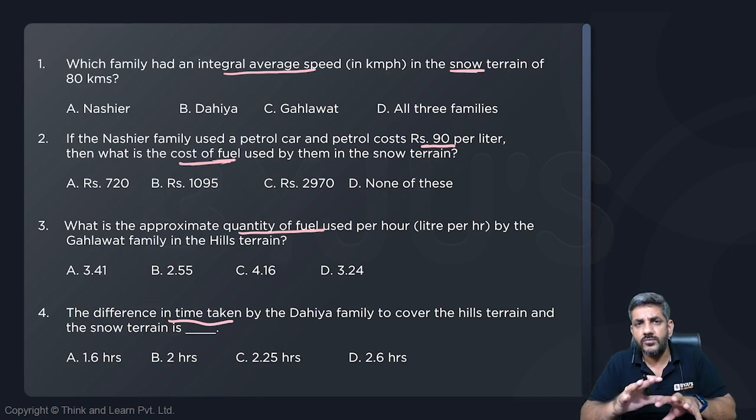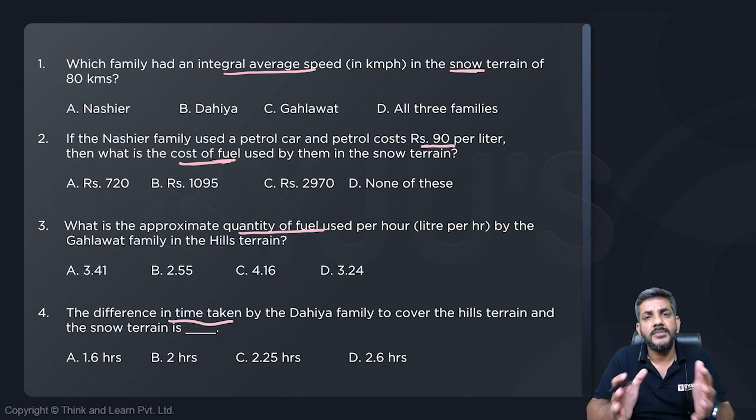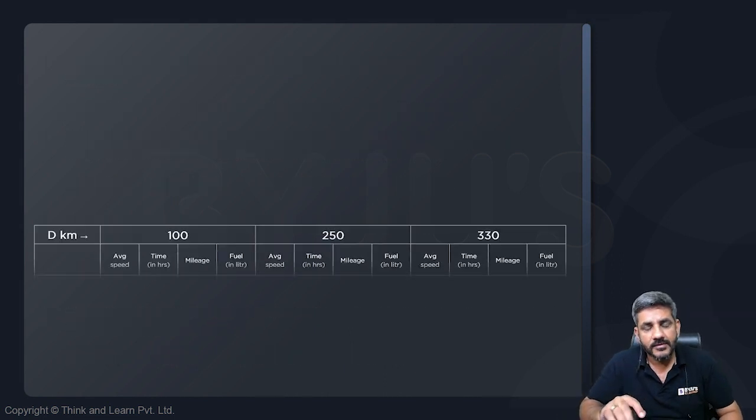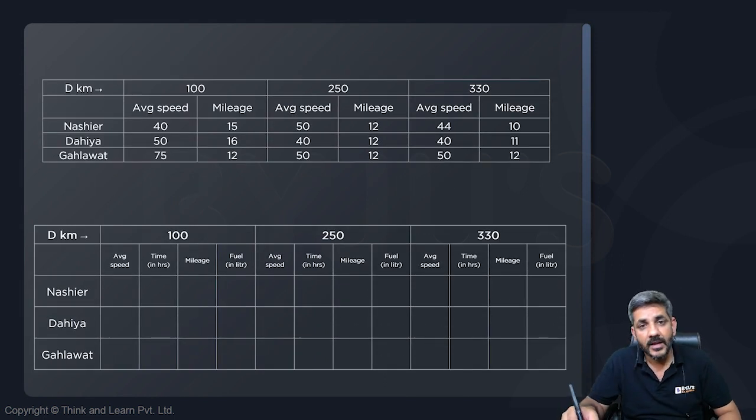So we just have to check the given data and write it in a little bit more detail according to the different terrains. So what I've done, I've made a table over here, which is given to you on the screen, along with the table which is given to us in the original question. When I talk about the first 100 kilometers, which is in plains, I have the average speed and I have also been given the mileage.